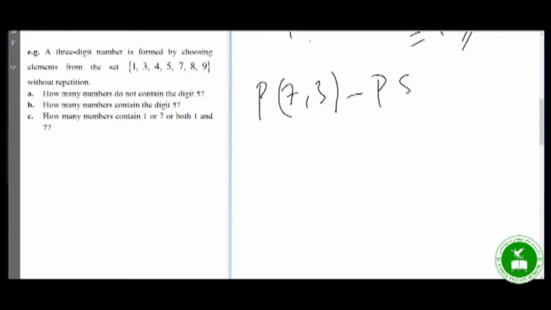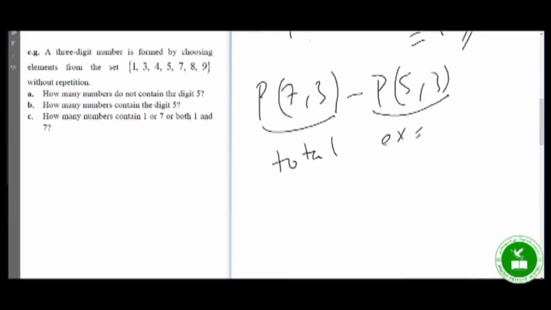So let's do the same thing. Permutation of 3 from 7 minus permutation of 3 from 5. This is the total 3-digit numbers. This is the number of numbers which exclude 1 or 7 or both of them.